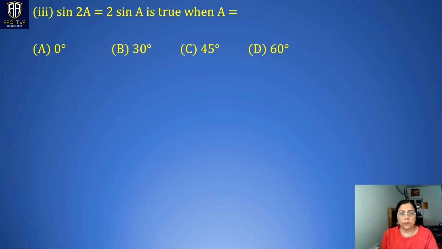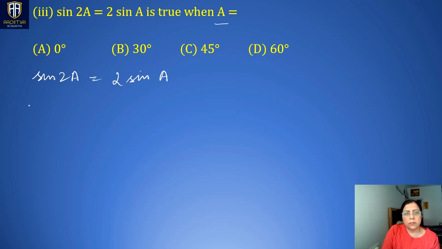Now the next question is, we have to check if sine 2A is equal to 2 sine A, and this is possible for which value of A? So here we have to use these values to check which option out of these 4 options satisfies this particular equation.